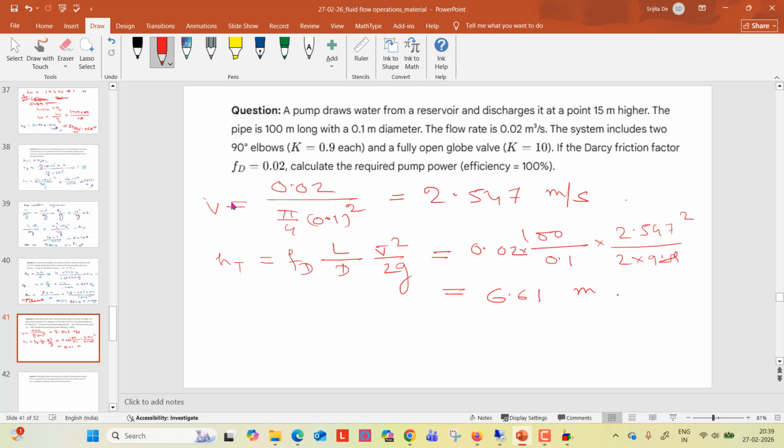How do we calculate the minor loss? The minor loss is coming from the two elbows, which are 0.9 each, 0.9 plus 0.9, and for the valve that is 10. So it is coming as 11.8.